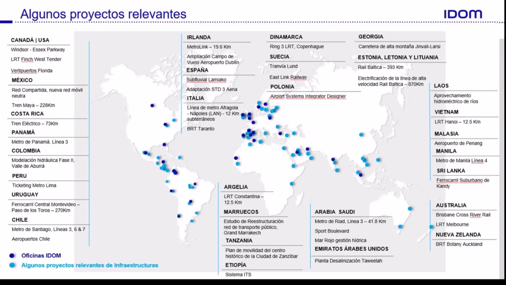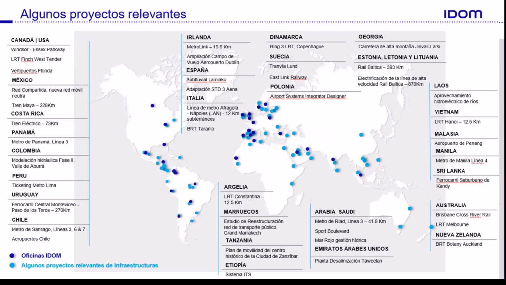Then in Asia, for example, the Manila light tram line 4, a massive project there, and obviously here in Europe, especially the one I'm going to mention, the Ring 3 light rail train in Copenhagen, is the one we would like to present in this presentation.